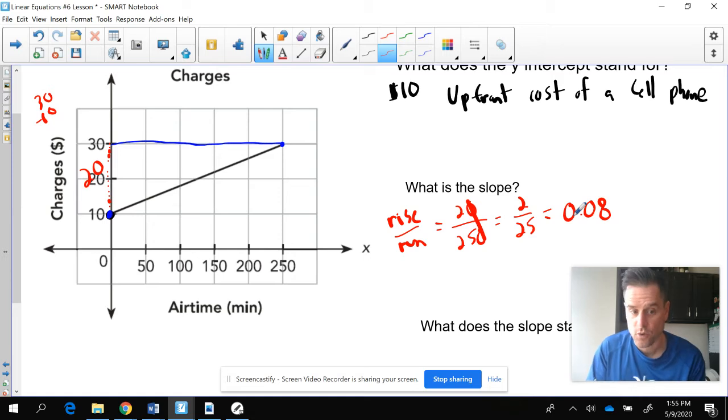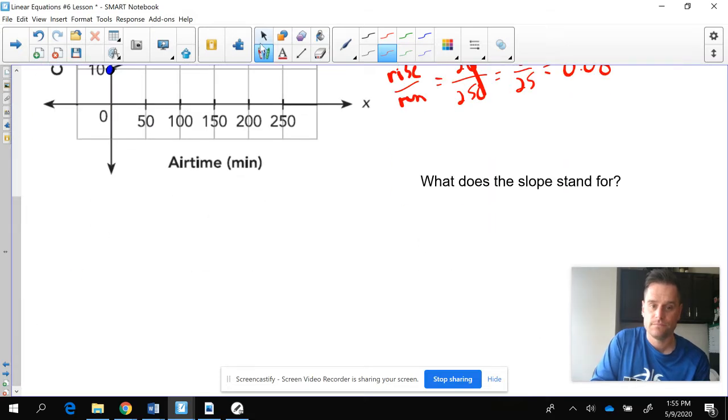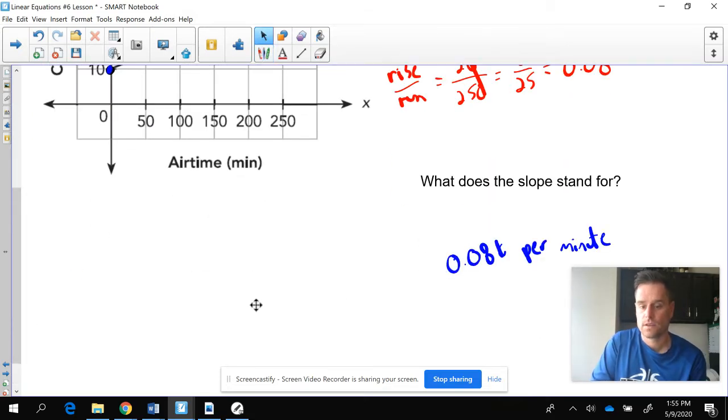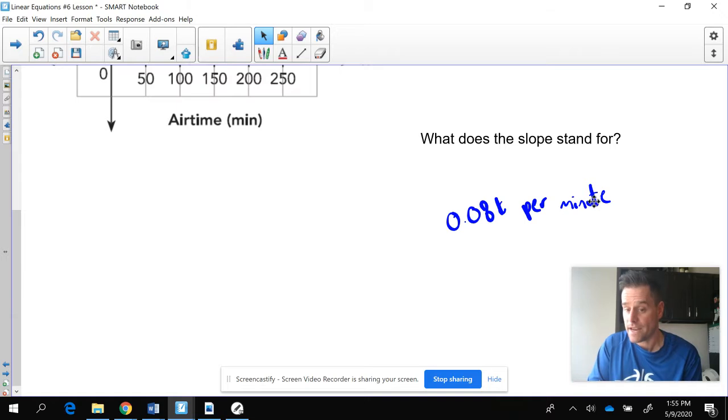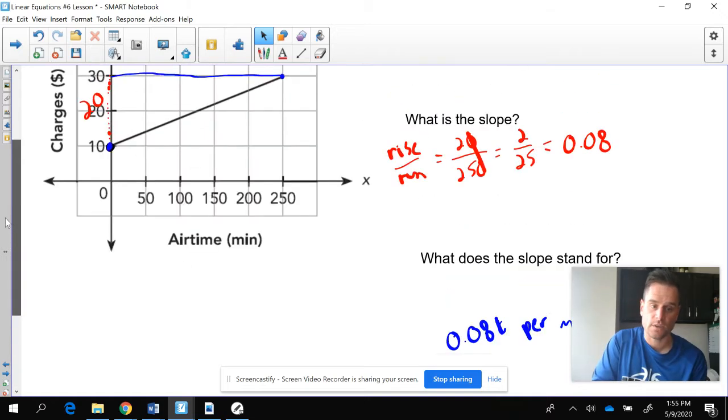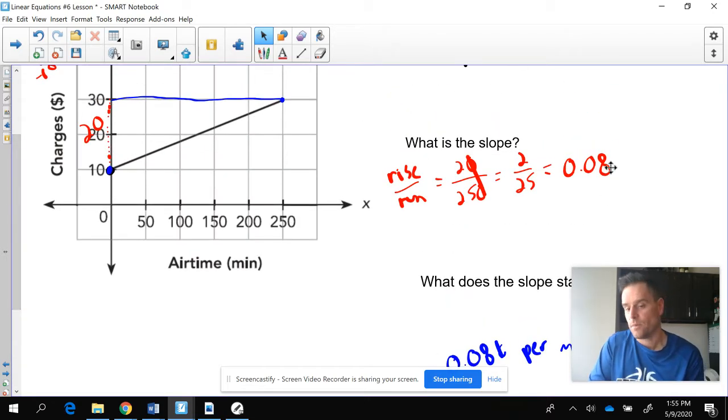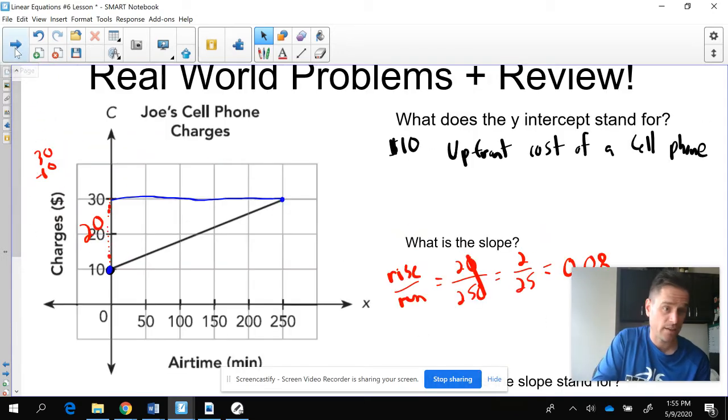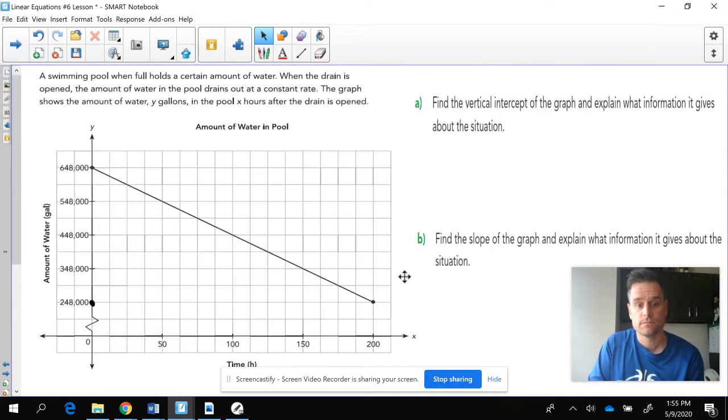It is the money and its relationship to the minutes, and it should be 8 cents per minute. The 0.08 stands for 8 cents per minute. You may have seen some of these commercials before, something like that. Let's go to the next one.